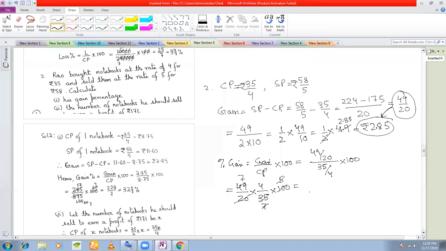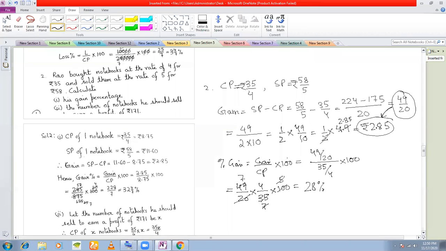So this is 28%. Cost price is 35 by 4, gain is 49 by 20. This should be 28%.